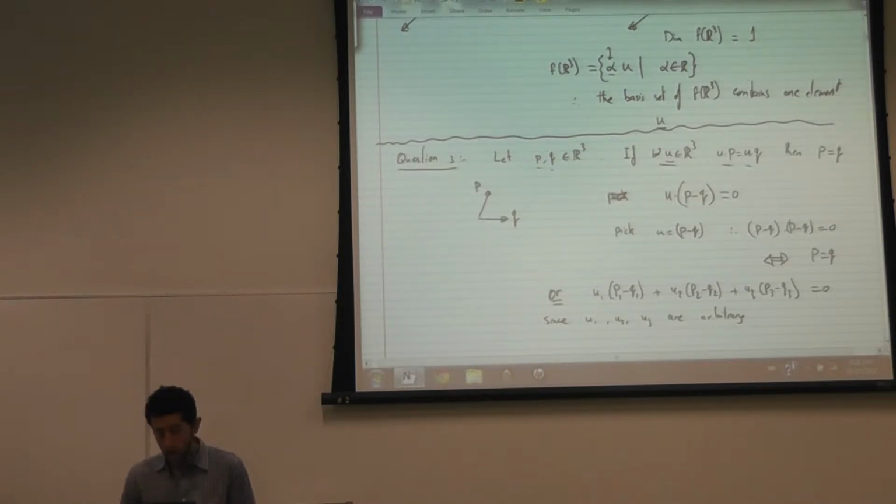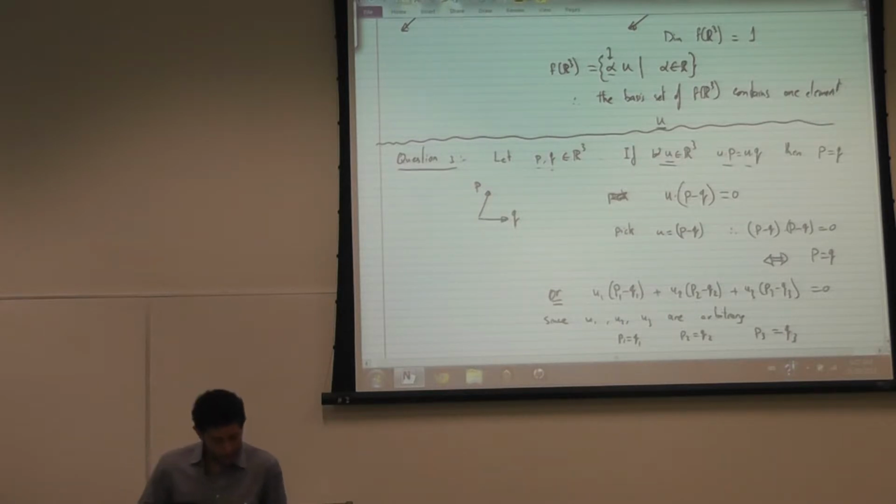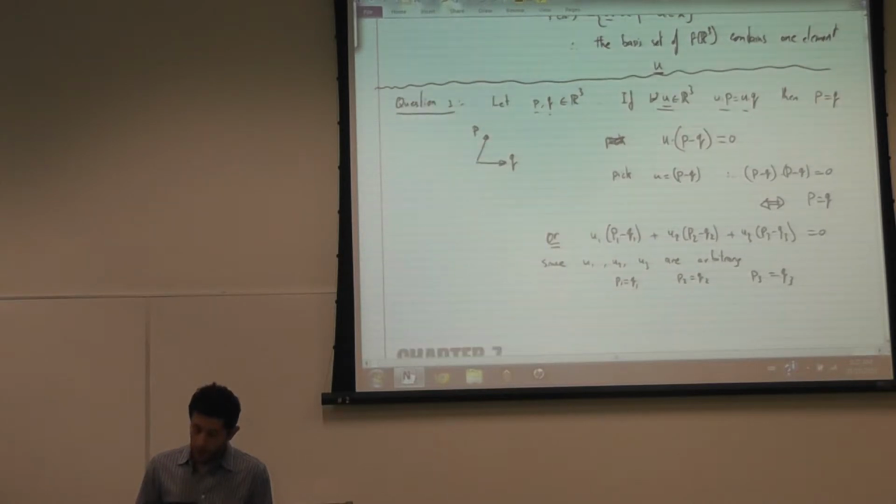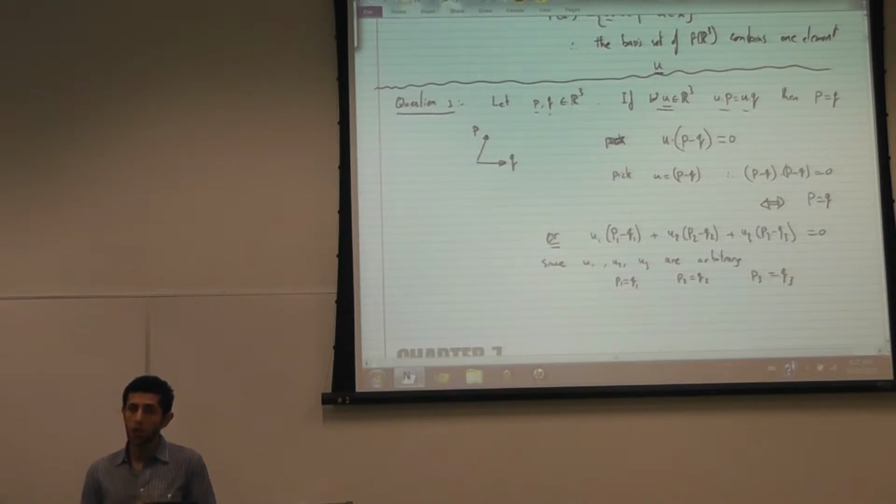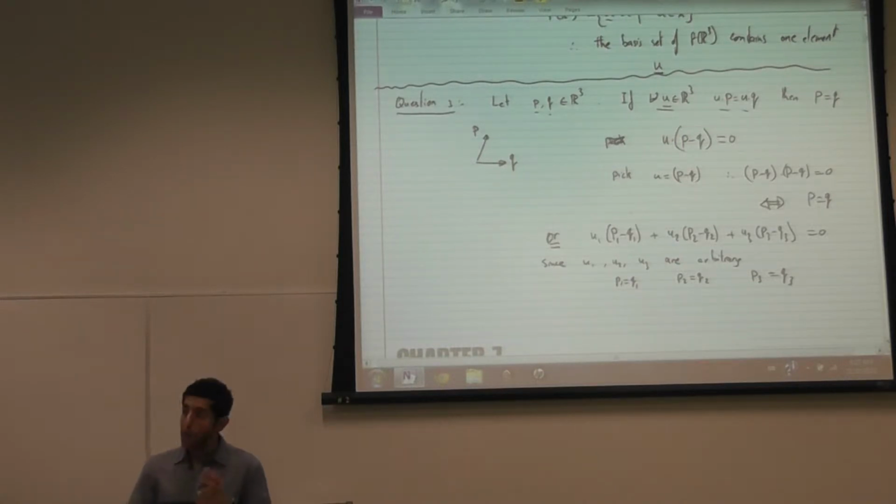So I can pick U1 as 1 and U2 and U3 as 0, or U1 as 0, U2 as 1, and U3 as 0, and so on. Since they are arbitrary, you'll find P1 is equal to Q1, P2 is equal to Q2, and P3 is equal to Q3. So indeed, if I have two vectors that give me the same dot product result when I take the dot product with any other vector, that implies right away that these two vectors are the same.